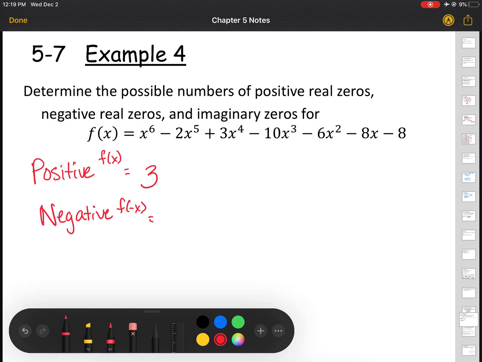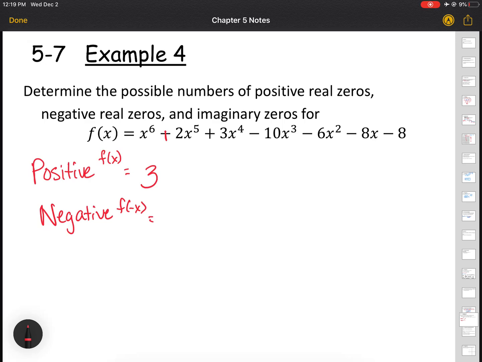So if I go ahead and do the changes here, this will now be a positive, that will stay positive, this will change to positive, that will stay where it's at, this will change to positive, and that will stay the same as well. So I went from positive to positive to positive to positive to negative to positive to negative. Okay, so if I look across here, I went from positive to negative to positive, positive to negative. So I went 1, 2, 3 sign changes there.